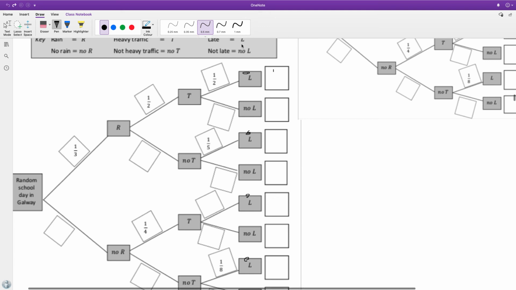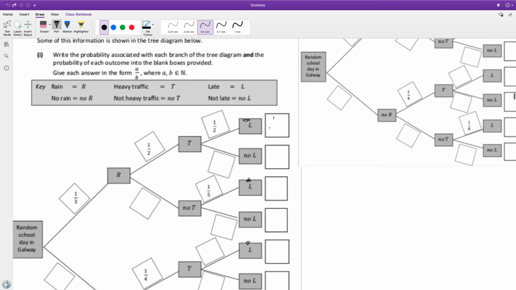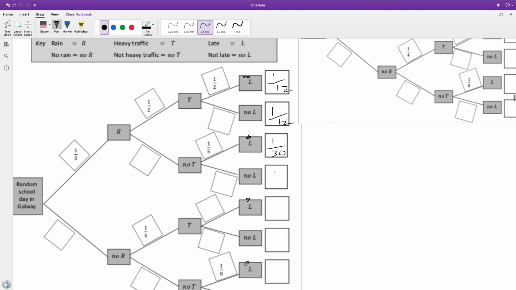Number 9 and E, lads. One over 12. 1/12. 1/30. 1/2/15.